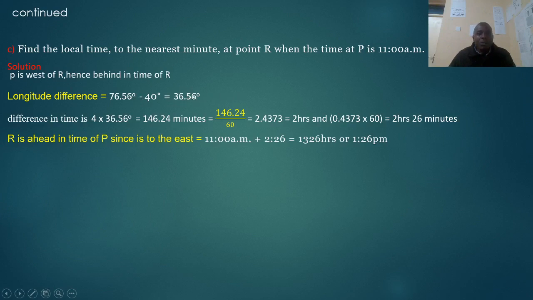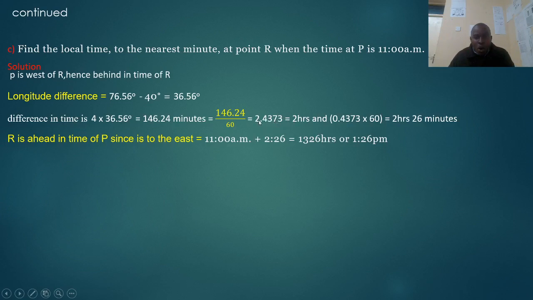So this 36.56, our longitude difference, times 4 gives the time difference in minutes, which will be 146.24 minutes. Now just divide directly by 60. You will get 2.4373, taking 4 decimal places.